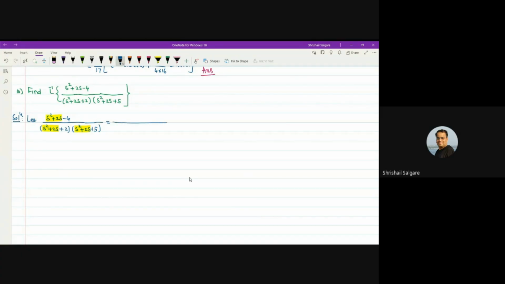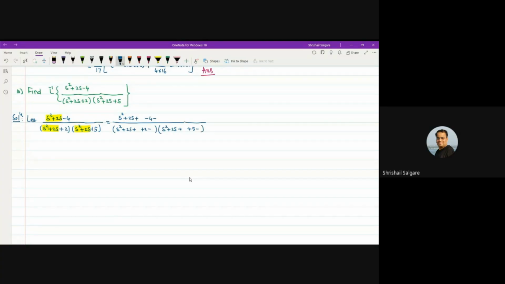What is that term? s square plus 2s plus something minus 4 minus something, in the same manner s square plus 2s plus something plus 2 minus something, and s square plus 2s plus 5 and minus something. What is the term? Again the same.